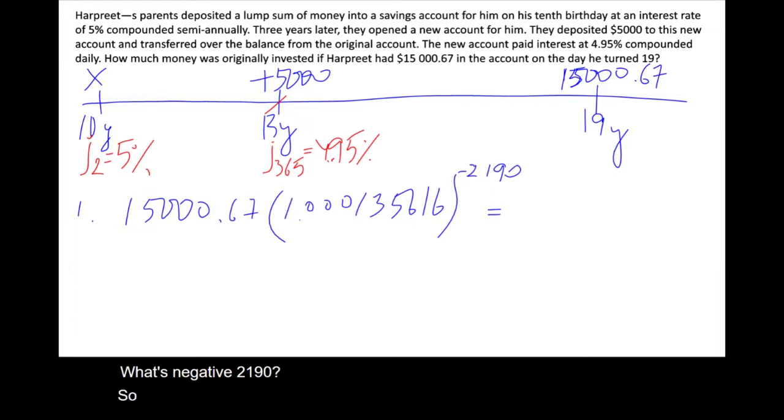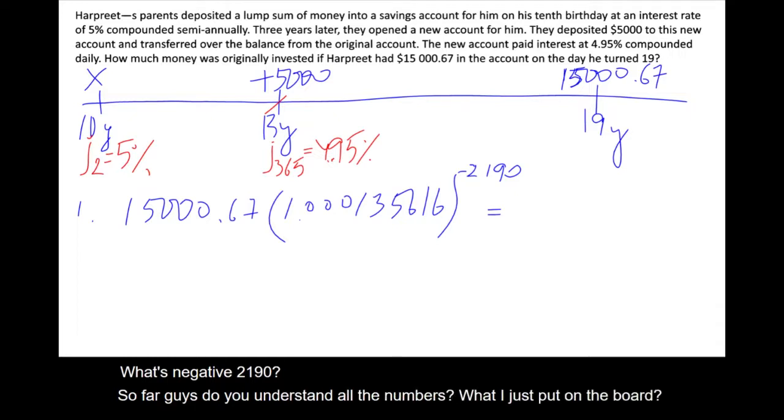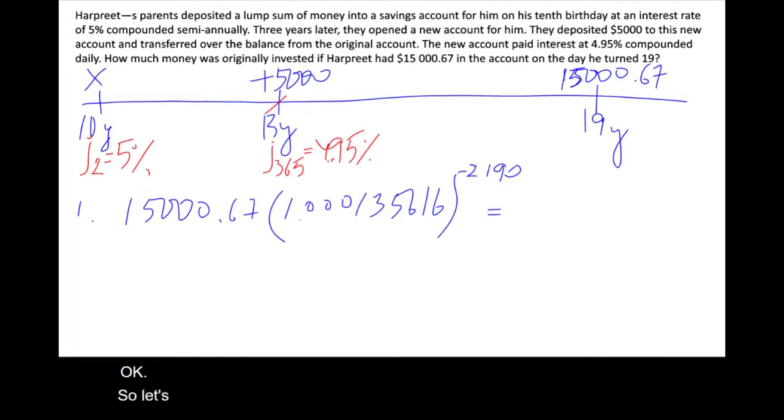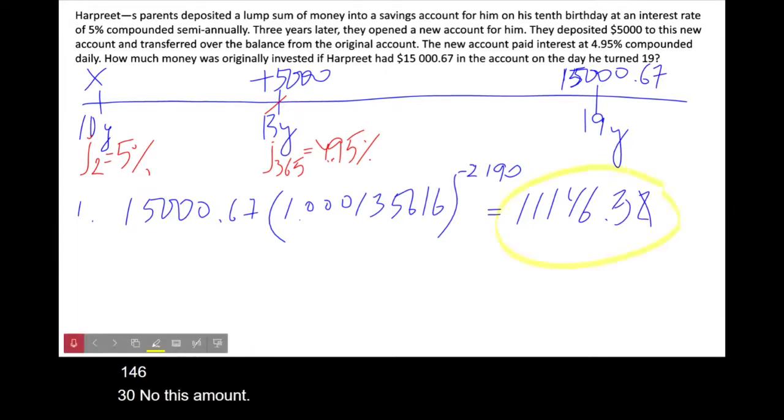So far, guys, do you understand all the numbers that I just put on the board? Okay, let's calculate. So 11,146.38. Now, this amount is right there.